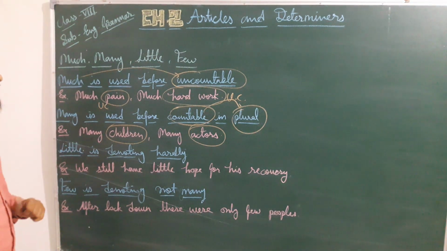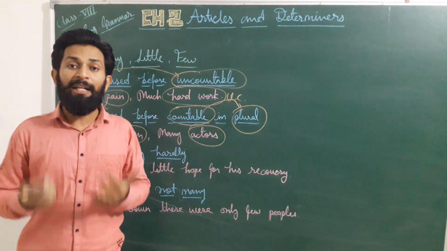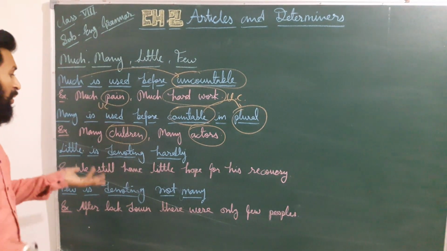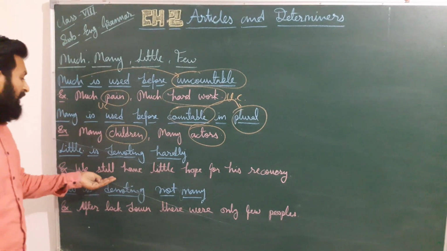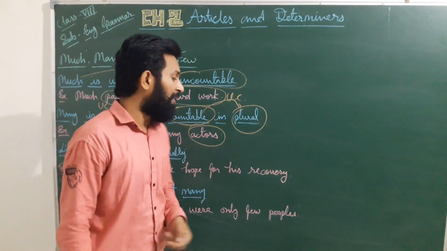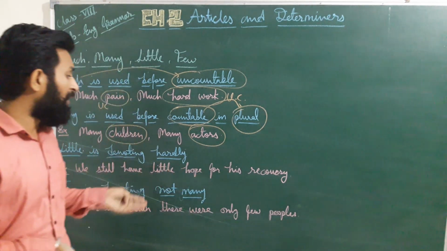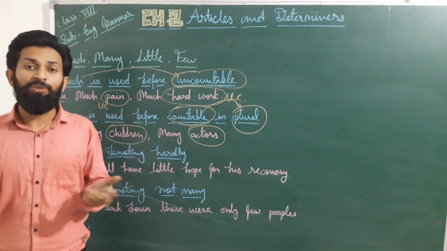And if we talk about little, then little is denoting hardly, means it's also giving a negative sense. I have a little hard work or little hope from anything. Like one sentence is given here, we still have little hope for his recovery, means he fell in an accident and there is little hope for his recovery, means negative sense is being given, no chance of his recovery.